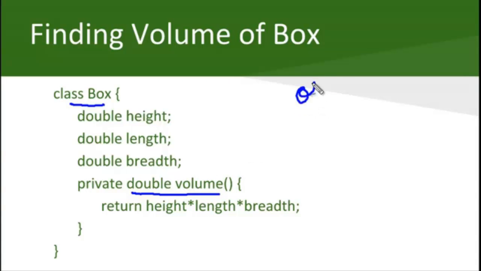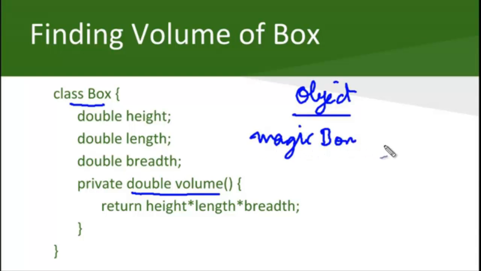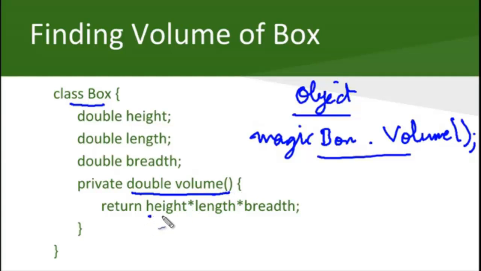So each object, say magicBox or soapBox, can directly access this method, and when magicBox.volume is called, the volume method associated with that particular object will be called, and the height, length and breadth of the magicBox will be taken, and it will return a double value.